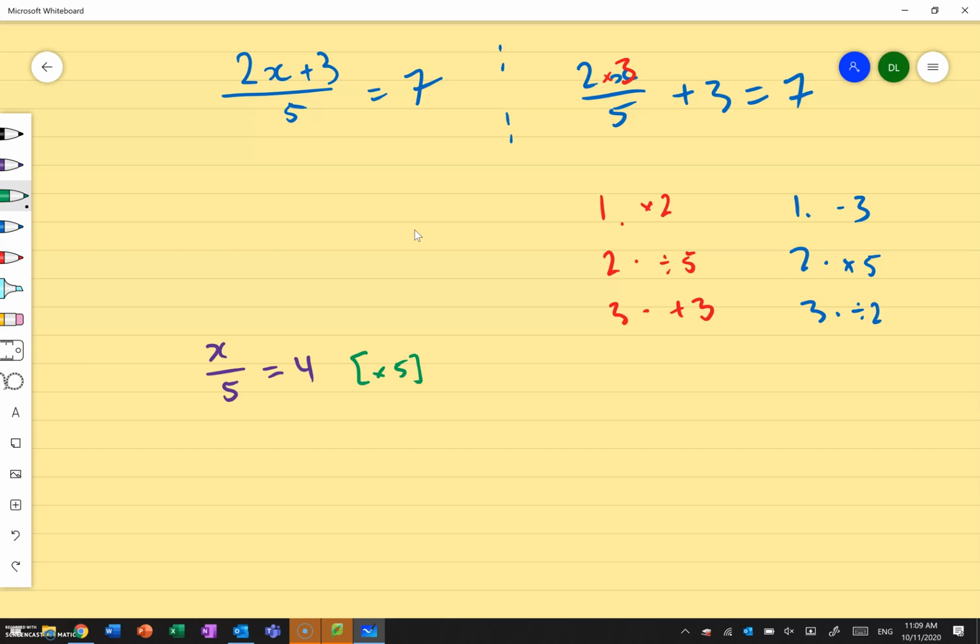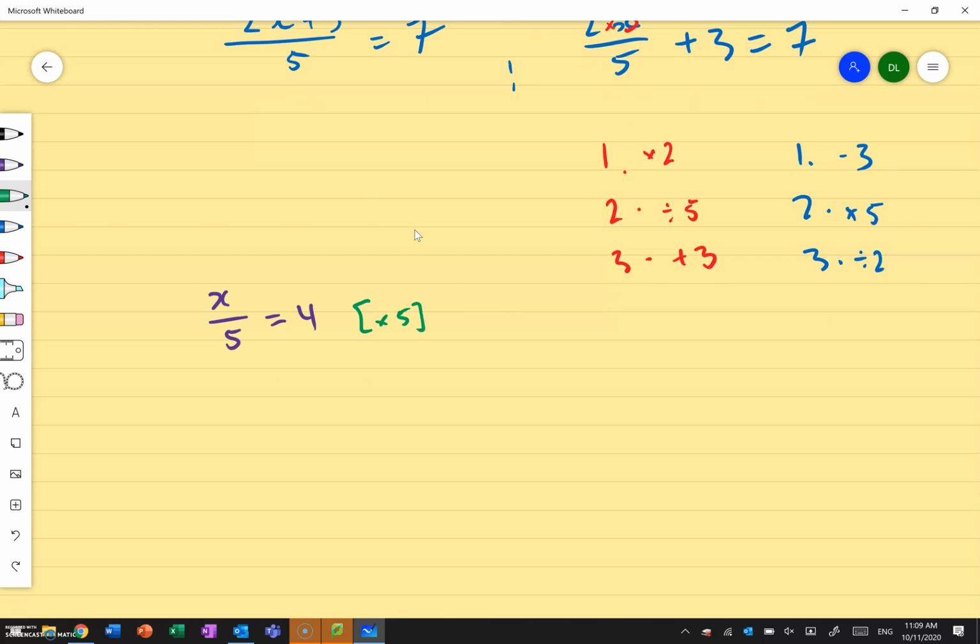So I multiply by 5 on both sides. x divided by 5 times 5 is just x, because dividing and multiplying by the same number cancels out. And then 4 times 5 is 20, so x equals 20.